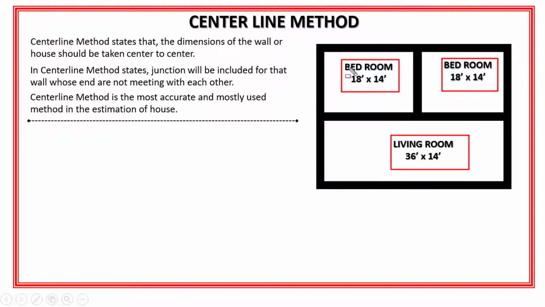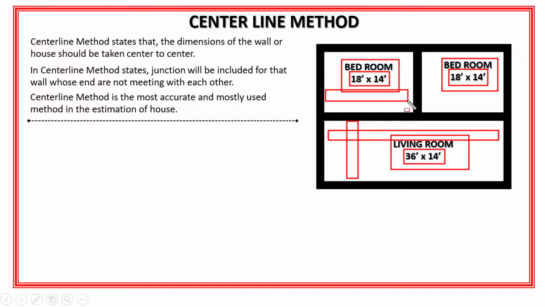The dimensions of these 2 rooms are 18 feet by 14 feet each, and the dimensions of the living hall is 36 feet by 14 feet. Now the dimensions of these 2 rooms and the living hall are taken from inside of the house, as you can see here.